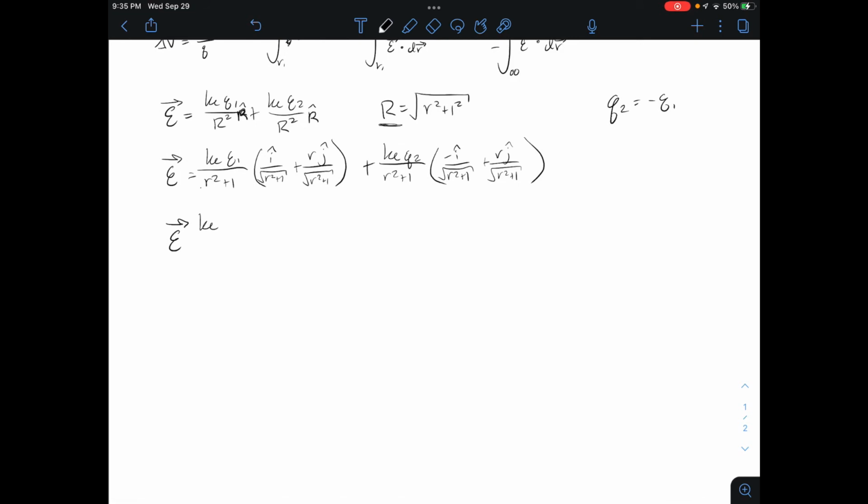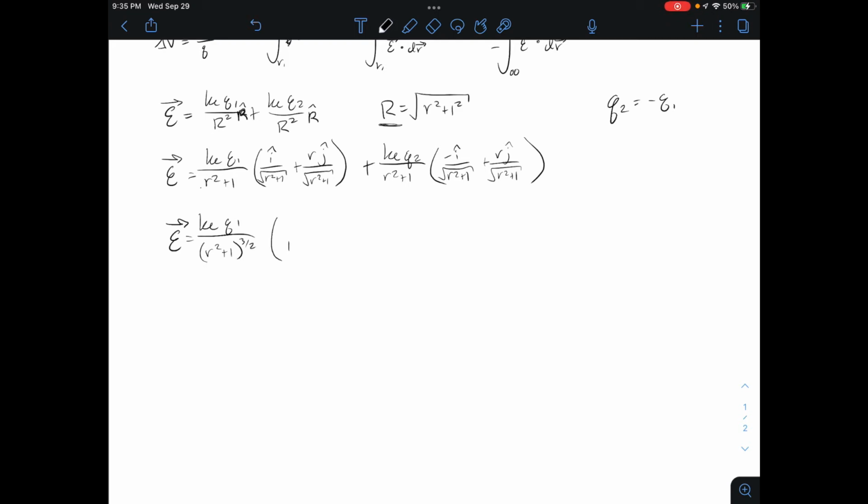This would be Ke Q1 over r squared plus 1 to the 3/2.